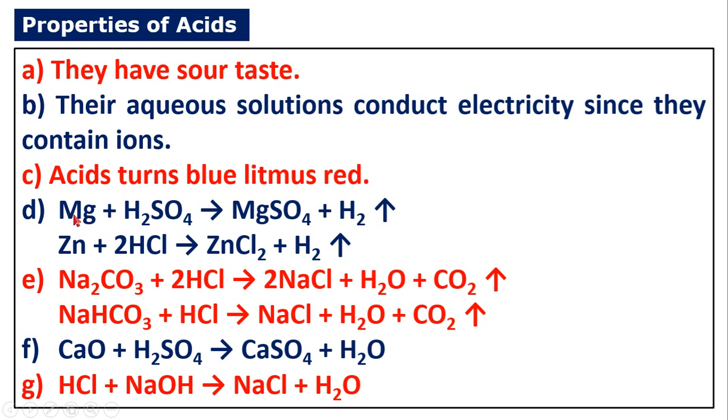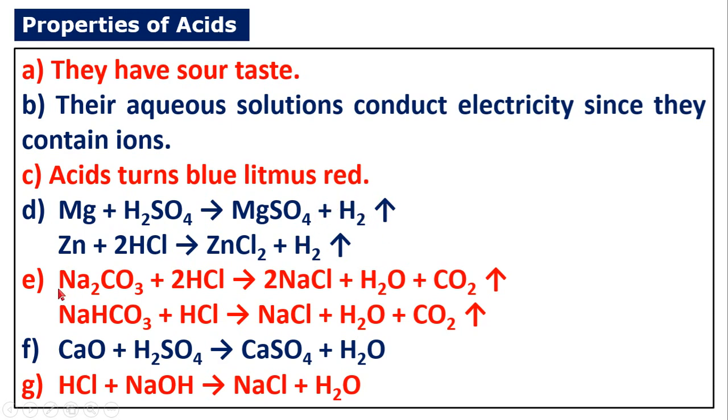D. Metals, magnesium Mg and zinc Zn, react with acids, sulfuric acid and hydrochloric acid, to form salt, magnesium sulfate and zinc chloride, with the liberation of hydrogen gas. So metals react with acids to form salt with the liberation of hydrogen gas.